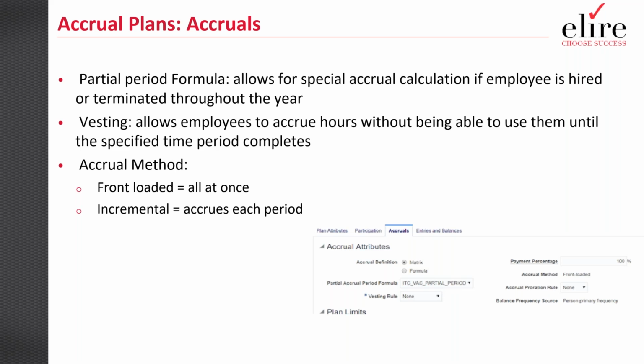So again, that goes back to, are you going to have a set date of like 1/1 every single year, or are you going to have incrementally every pay period, every month, every week, something like that? Those are your two options. Front-loaded and then incremental would be if I wanted to accrue on a certain frequency.